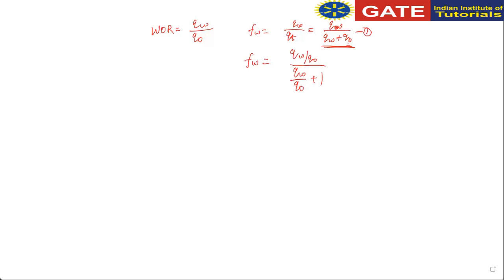This will convert into WOR, because according to the definition, WOR is the flow rate of water divided by the flow rate of oil. So FW is converted into WOR over WOR plus 1 at reservoir condition, because these values are at reservoir condition.